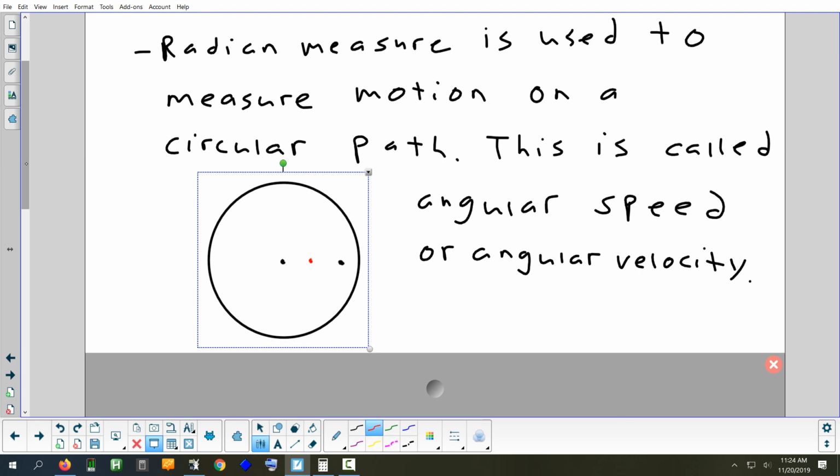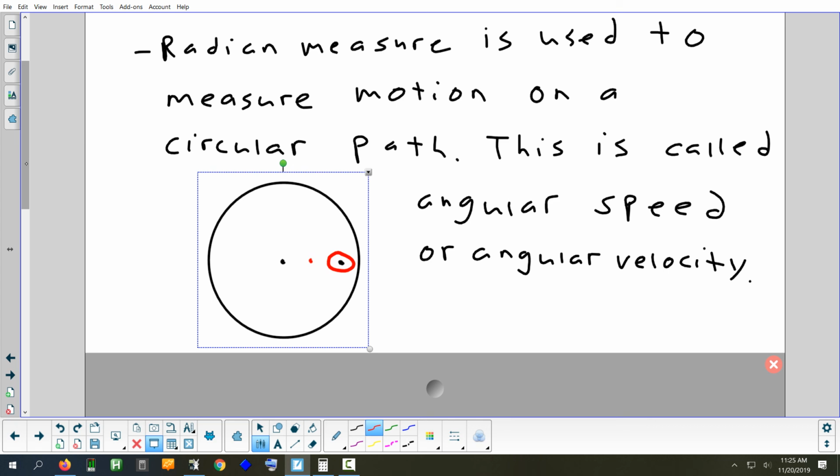So now you're saying they all did something in the same amount of time, but this one went further. So what does that mean? If something goes further than something else in the same amount of time, it's going faster. So technically, when you spin this disk 1 time, this dot is traveling faster than the red dot, which is traveling even faster than the dot in the center, because it's going farther in the same amount of time.